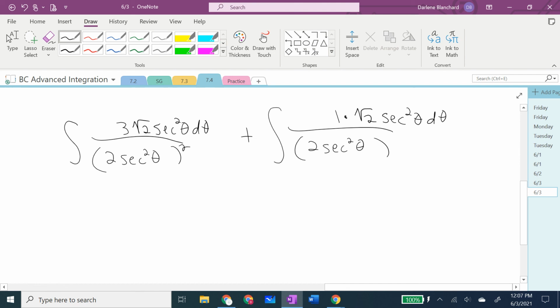Whew, we're getting there. For the second of the three integrals, I end up with a constant of 3 root 2 over 2 squared. And then I have a secant squared over secant to the fourth.